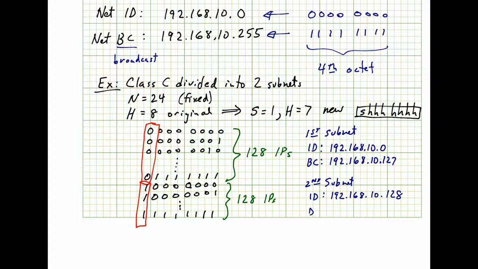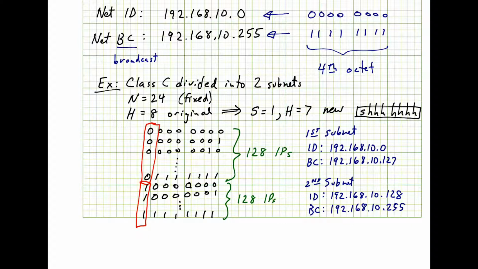And the broadcast address is 192.168.10.255. So this is the simplest case of dividing a Class C into 2 subnetworks by taking the original 8 host bits and breaking them up into 1 subnet bit plus 7 host bits.